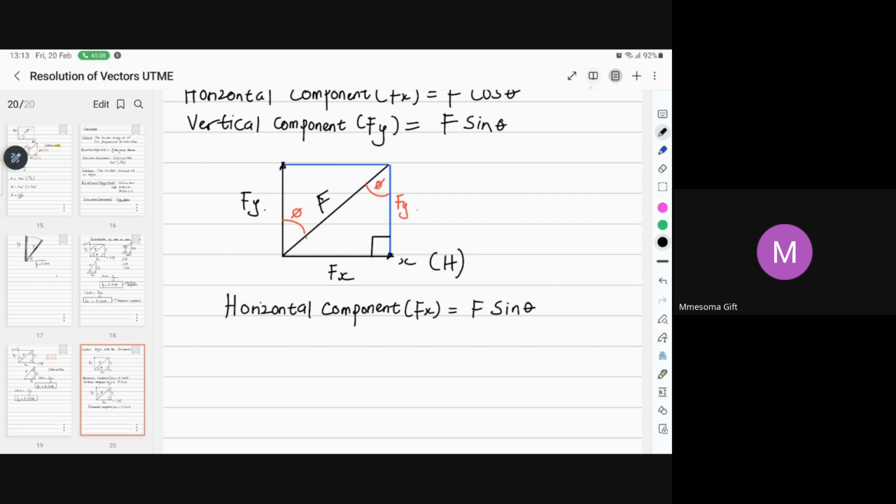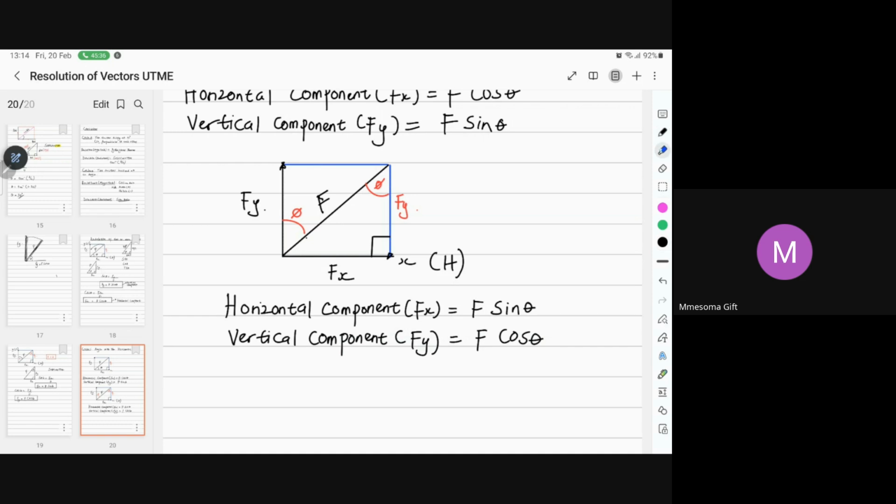And then we'll now have the vertical component will now be equal to what? Vertical component is going to be Fy, right? Going to be Fy, which is equal to F cos theta.